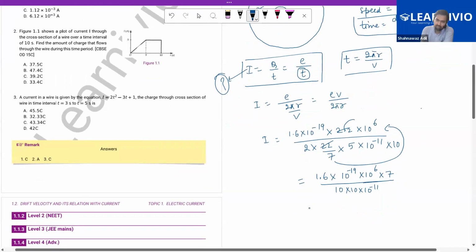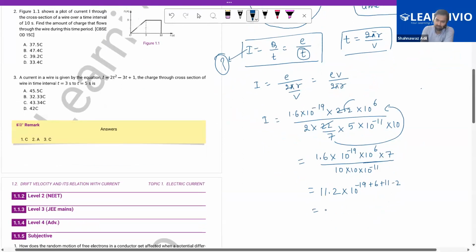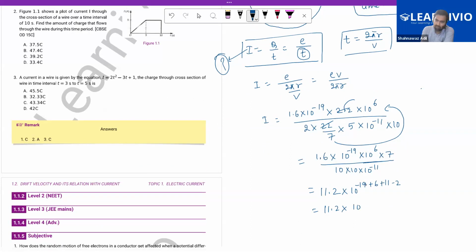So we have 1.6 times 7 times 2.2, how much is that? 11.2. So 11.2 into 10 to the power minus 19 plus 6, plus 11 minus 2, which gives 10 to the power minus 4.